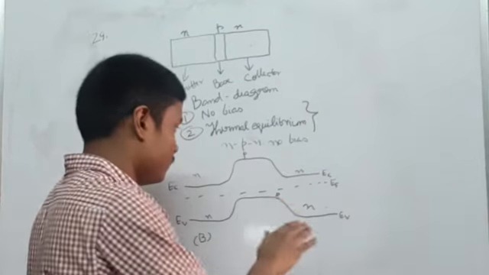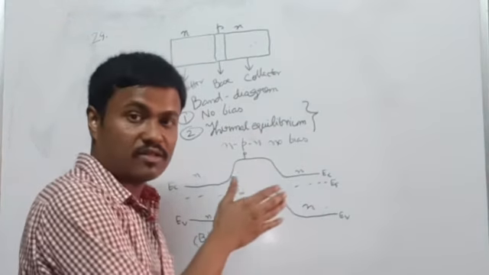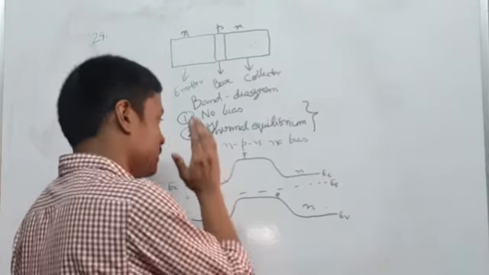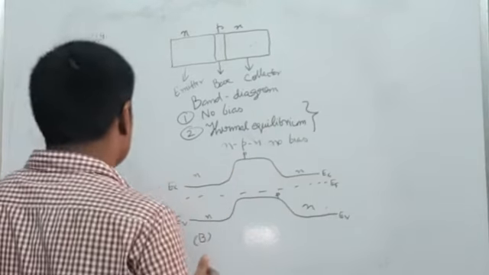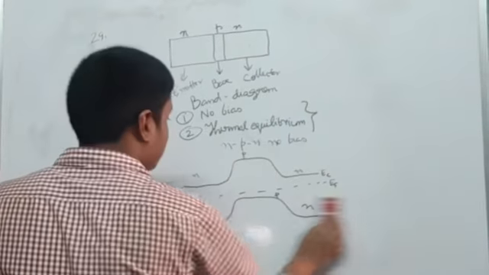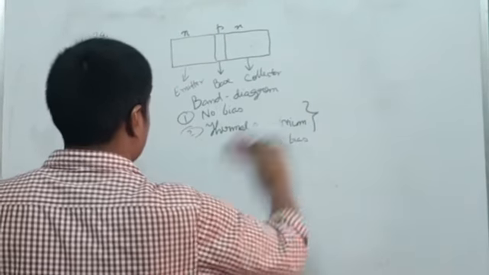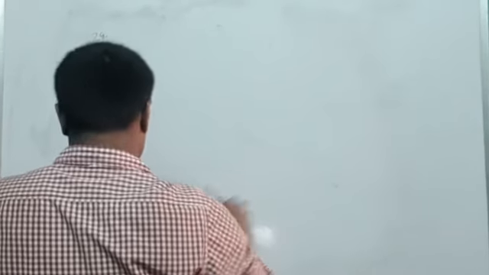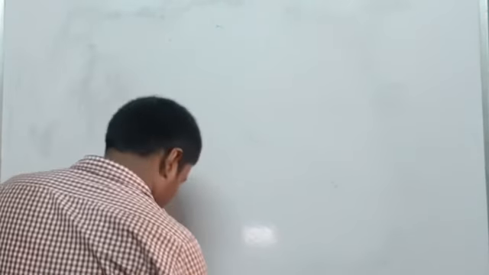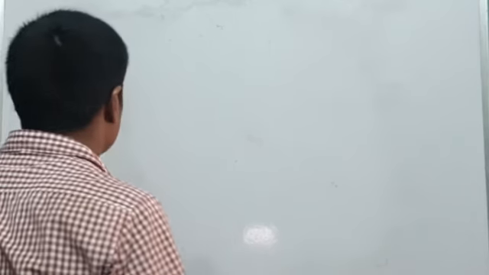We just have to worry about the unbiased electronic band diagram configuration. And this is the unbiased electronic band diagram configuration. So that concludes our problem number 29, and we can now move on to problem number 30.